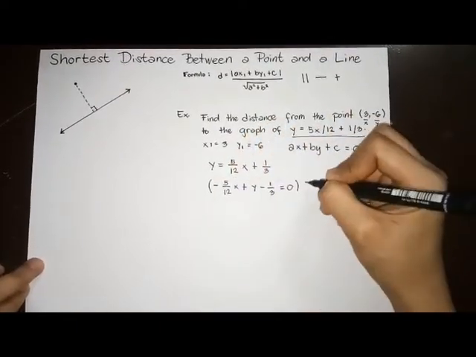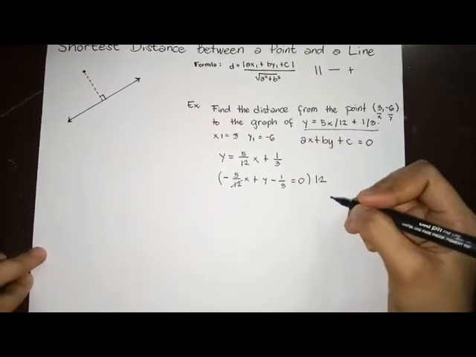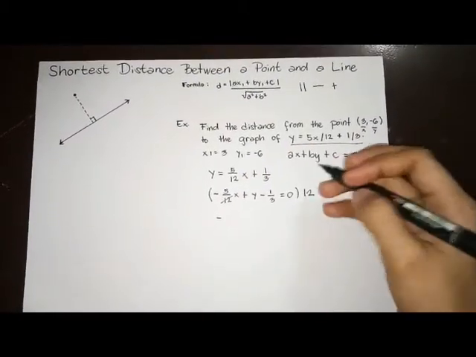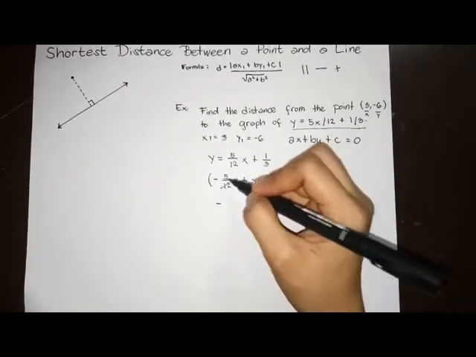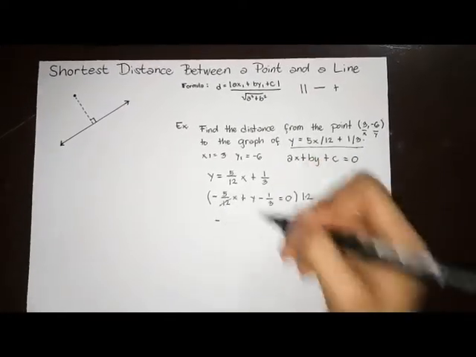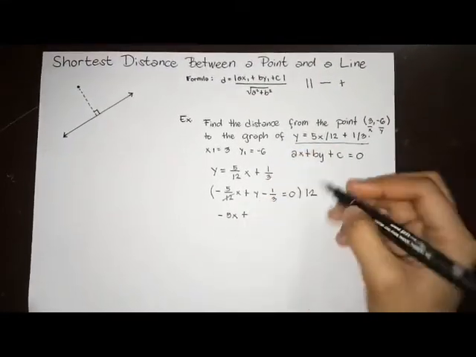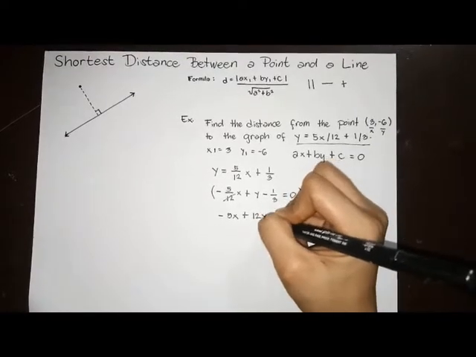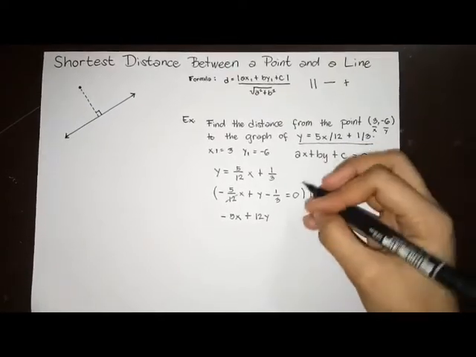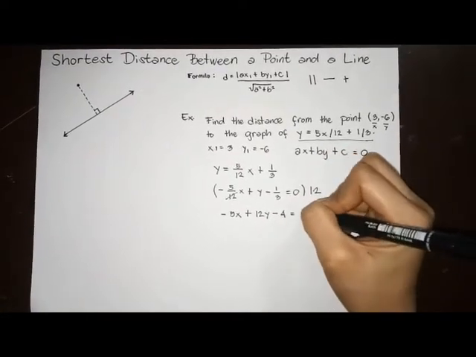Multiply everything by 12. So the 12 cancels, and we have 5x plus 12 times y equals 12y, and negative 1/3 times 12 is negative 4, equals 0.